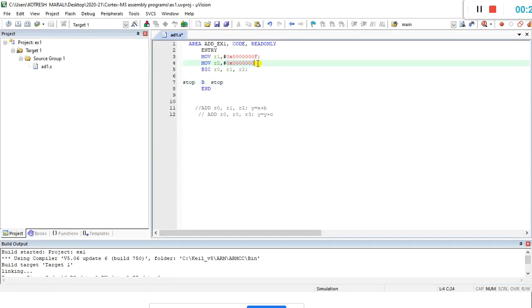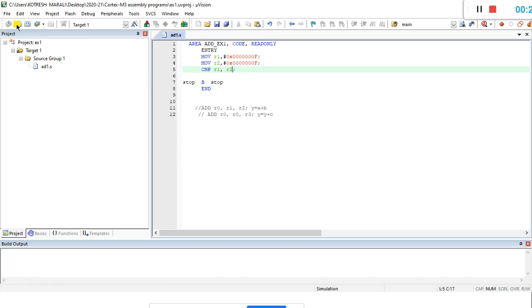So I'll change the second input to F. Now I'm using the compare instruction here. I should not use any destination register, because it is operating only on two registers or immediate data. I can also use an immediate data like this, or else you can put the data in a register and perform it.